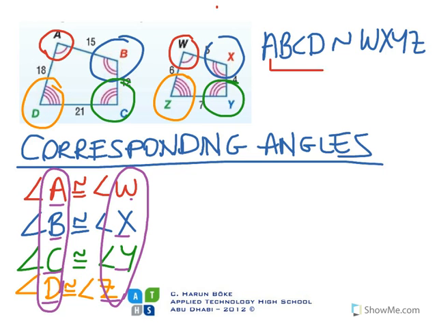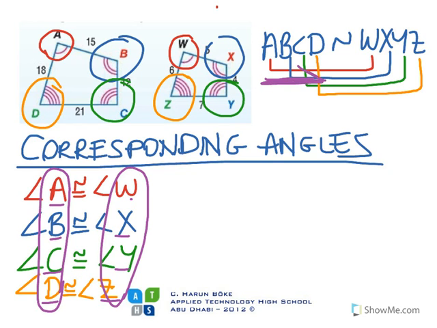Here, A is equivalent to W, B is equivalent to X, C is equivalent to Y, and D is equivalent to Z. So it depends on the order that you are writing through. If you write in this order, then you have the equivalent angles again in this order.